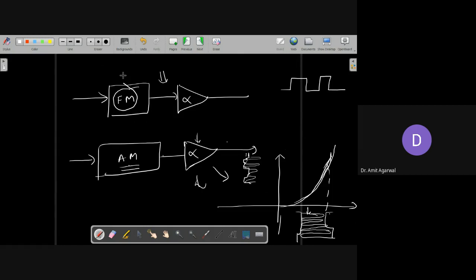But in FM, we modulate the frequency. The frequency carries the information, not the amplitude. So the non-linearity of the amplifier does not affect the message signal. Next we study the generation of the frequency modulated signal. Thank you.